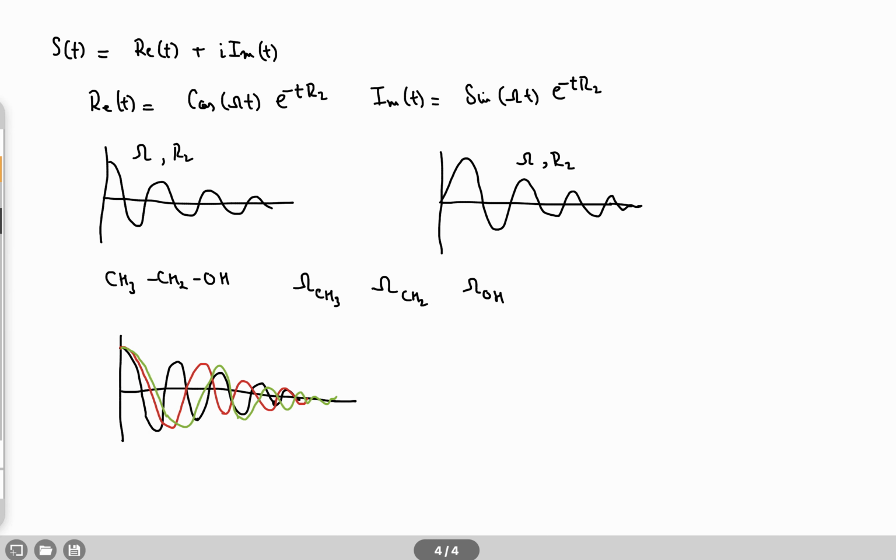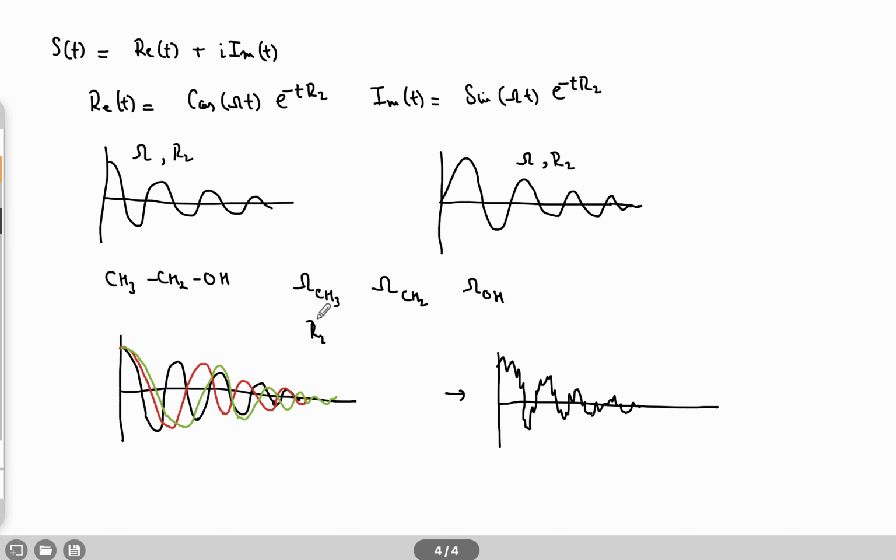Okay, so instead of looking like a simple cosine wave, this actually becomes a linear combination of three cosine waves, and it looks something like this. Basically you can't really predict the oscillating part and the rate part of three different frequencies. All of these can have three different R2 values also.